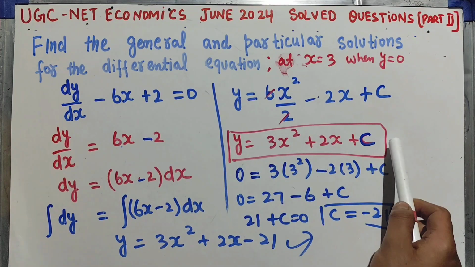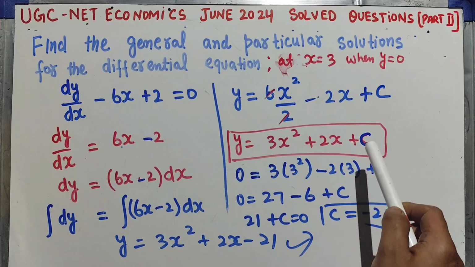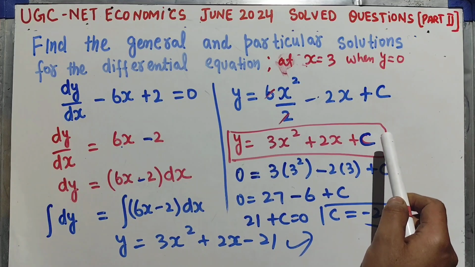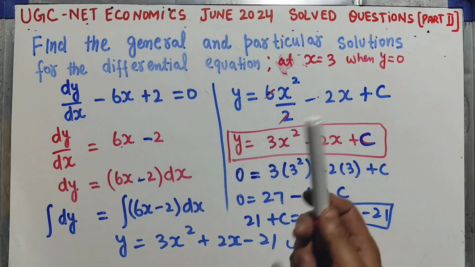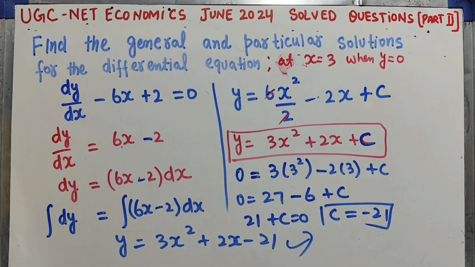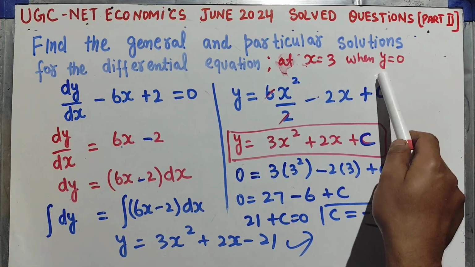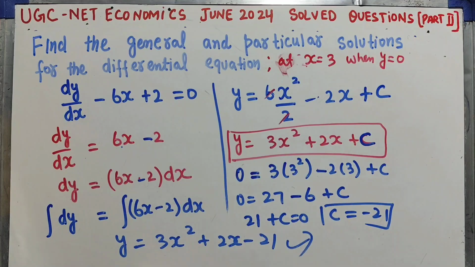We get this as the general solution because we don't know the value of the constant here. To find out the specific or particular solution, we go to the initial condition mentioned in the question. We put the value of x is equal to 3 when y is equal to 0 in this equation. That gave us the value of the constant, which came out to be negative 21.